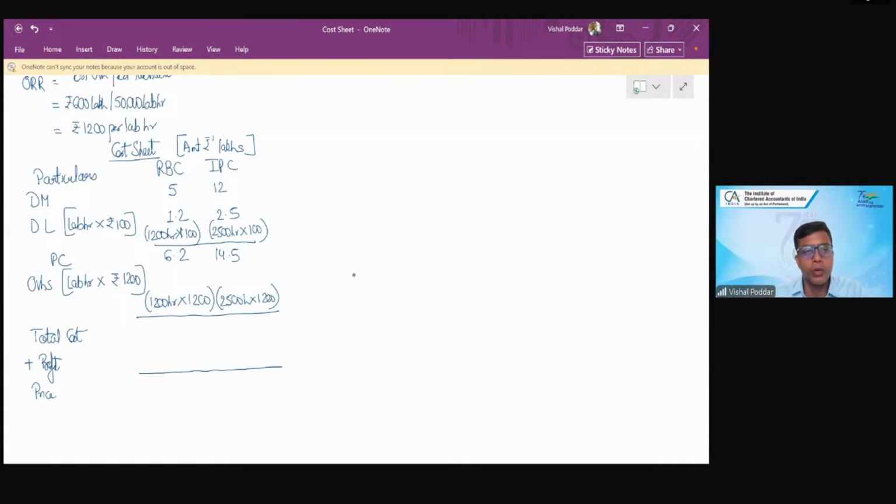Then overheads, 12 12s are 144, so it becomes 14.4 lakhs. Similarly, 25 into 12 is 30 lakhs. Just cross check, students. So it is 20.6 and it is 44.5.